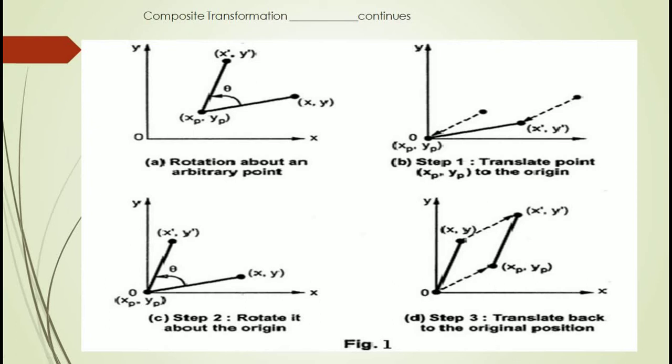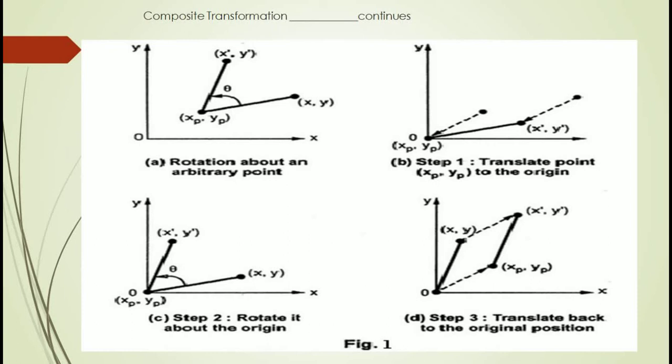You have to move so much amount of x and so much amount of y. After that, second, you have to perform the rotation. After you rotate, you have to return that object to its fixed point.